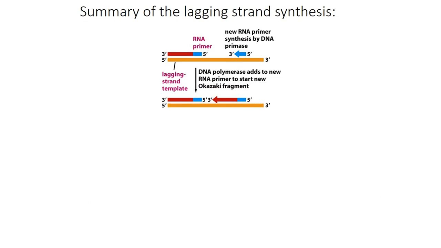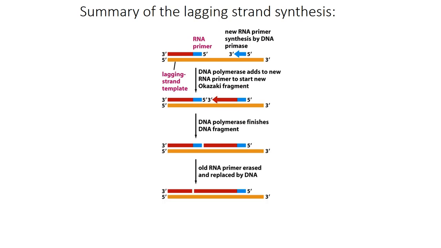So to summarize these steps, what happens is that the DNA primase synthesizes the primer, the RNA primer, so that the DNA polymerase now can come in, do the synthesis, and this goes until it reaches the Okazaki fragment that has been synthesized before.